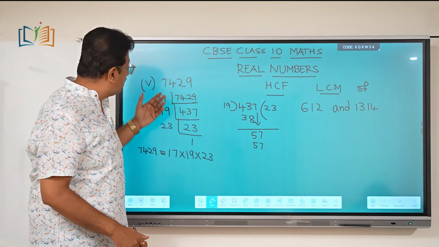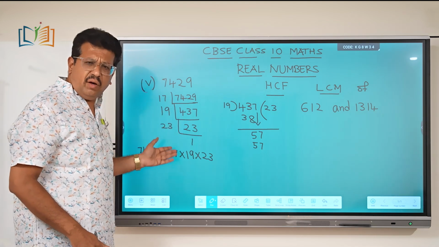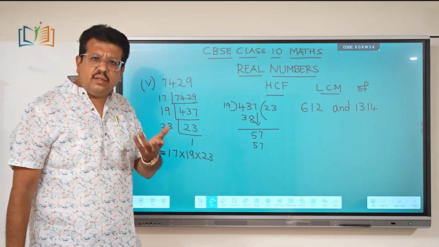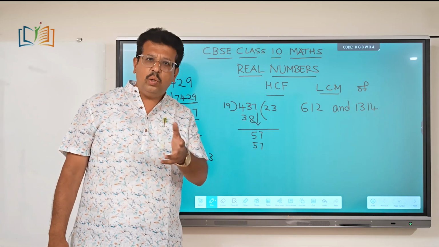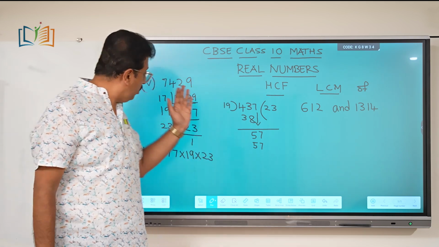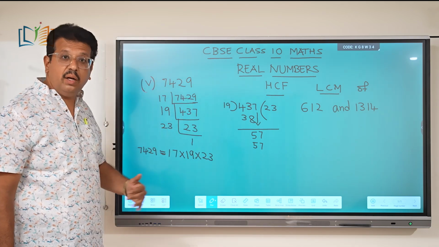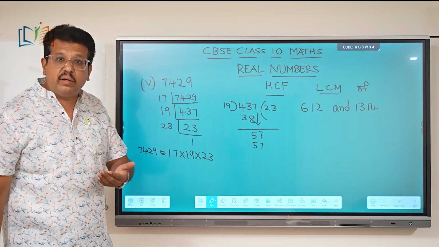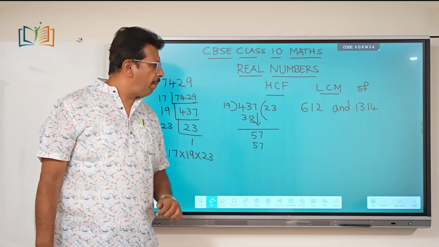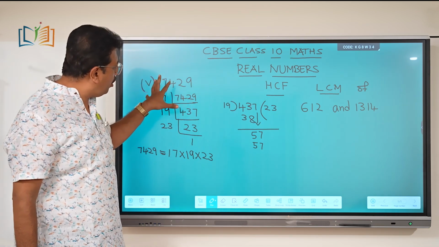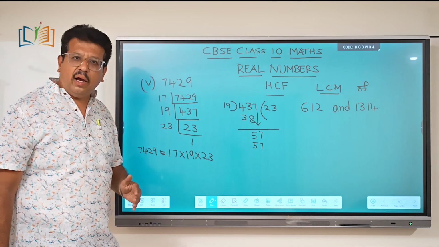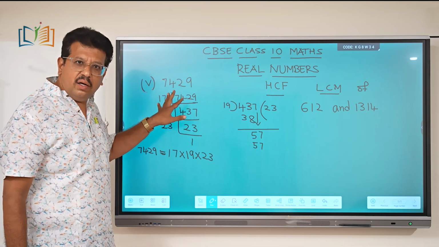How should I know it is a 17 table, 19 table? But obviously, yes, I understand. You will never get it immediately like this. You will have some patience to do it. That is how you will learn. So this is how the problem is to be solved for 7429. I hope you are all clear with this dividing process.